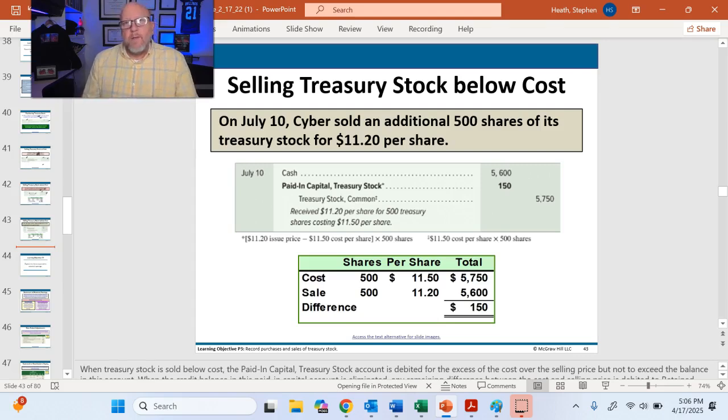We're selling it at a loss. We acquired it for $11.50 and then we're selling it for $11.20, which means we just lost 30 cents per share. Okay. And if I want to lower my equity, I would do it with a debit, and the loss is going to come out of paid in capital treasury stock. And if by chance I don't have 150 in that account, the next account it comes out of is retained earnings.